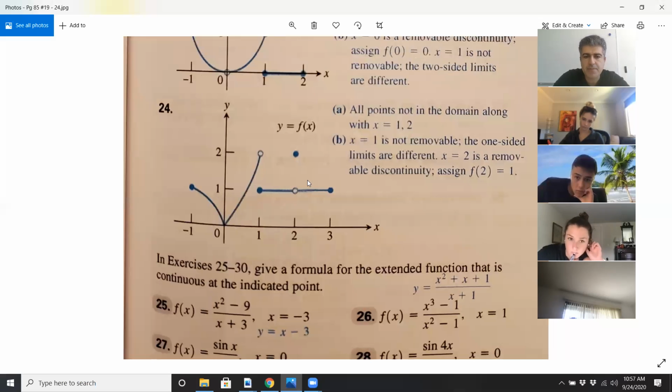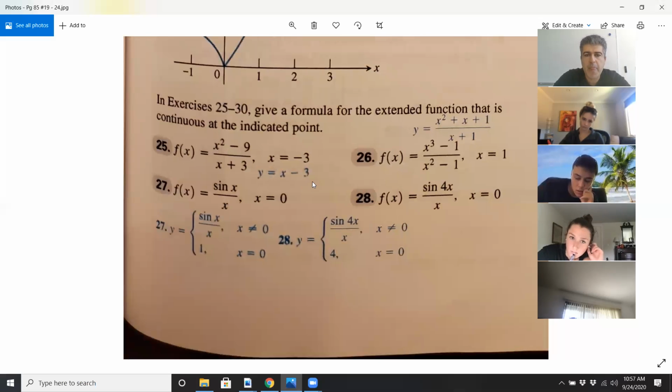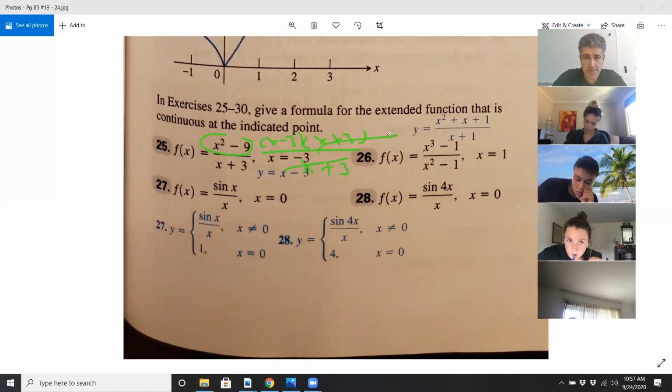So, all right, 25 and 27. You want to extend the function and make it continuous. So here's what I would do. I would simplify this by doing that. What crosses off here? x plus 3. So you can write it 2 ways. You can write it like this, or you can write it like this.